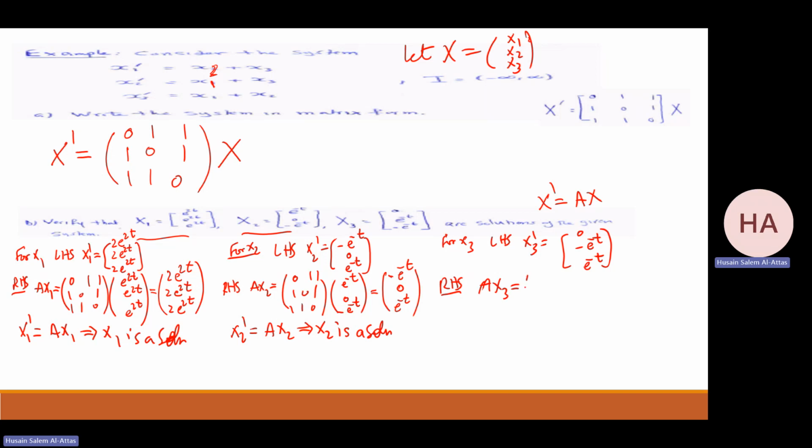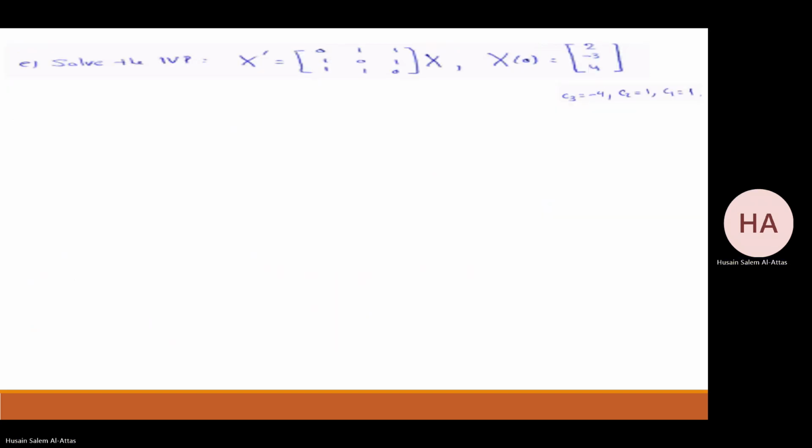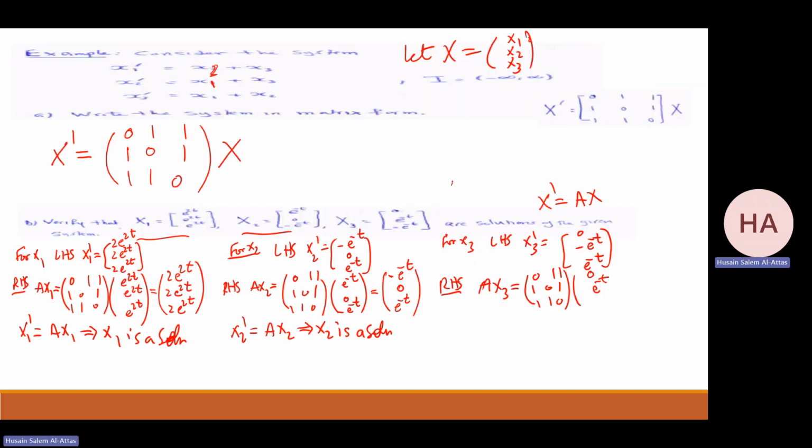That will be what? 0, 1, 1, 1, 0, 1, 1, 1, 0 times, yeah, 0 minus, oh, not 0 is minus t. Be careful. This is my x3. 0 is minus t minus is minus t.